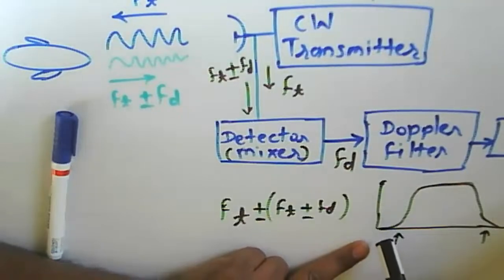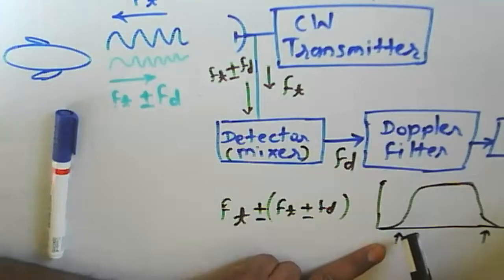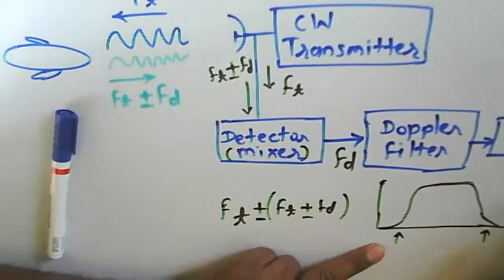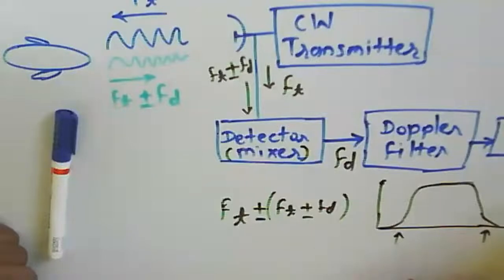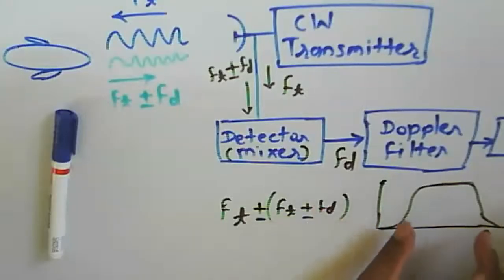That's why we need to avoid those clutters, so we need to increase the minimum frequency. For the maximum one, again, it will consist of some noise. So to avoid the noise, we define the range of this Doppler filter, so that only that particular frequency signal is passed through it.